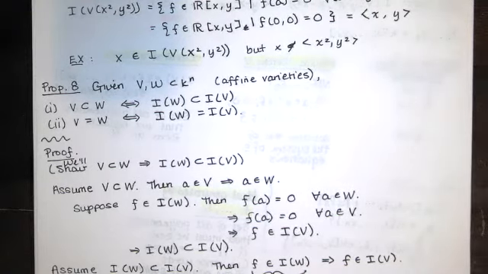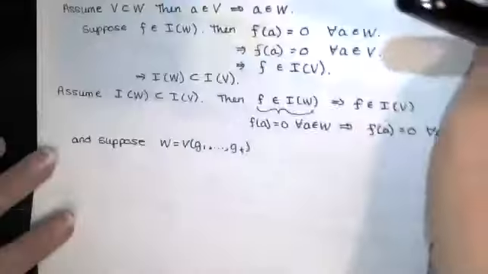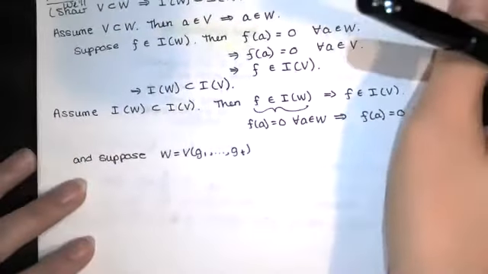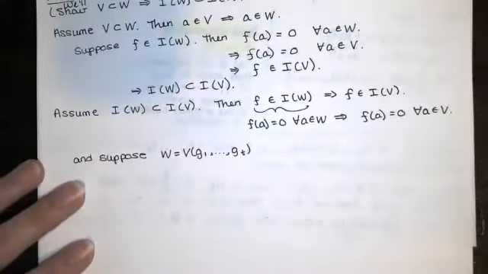So let's say W is the solution set of g1 = 0, g2 = 0, g3 = 0, all the way through g_t = 0.